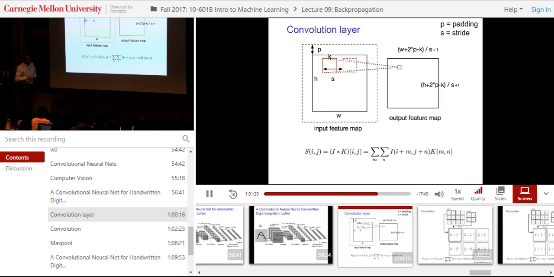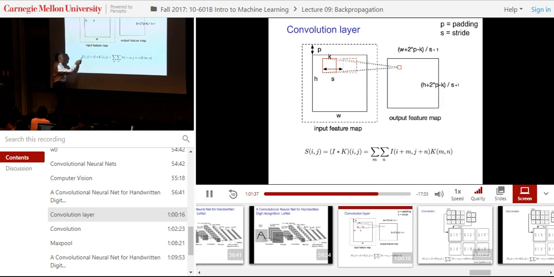And then it'll output a value, which is simply a matrix called K times element-wise times the subgrid that it's looking at.